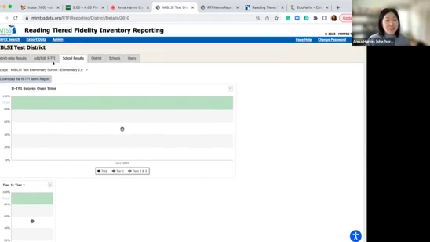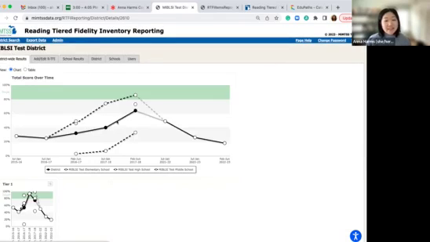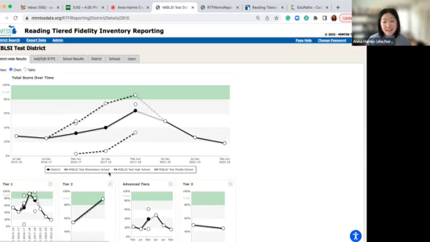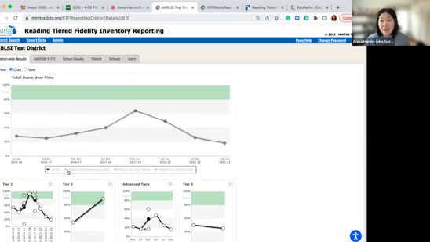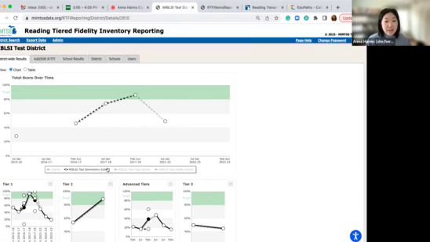And so I can flip to look at 2.0 scores too. This is one of the best parts, I think: I can look at a district-wide view of my data. Sometimes we want to see patterns across schools and not do that one by one. So on the district-wide results, I can see my district average over time, but I can also look at the individual school patterns over time and get that all displayed in one spot.